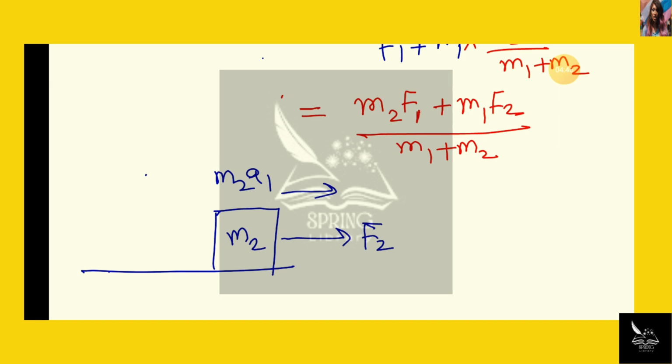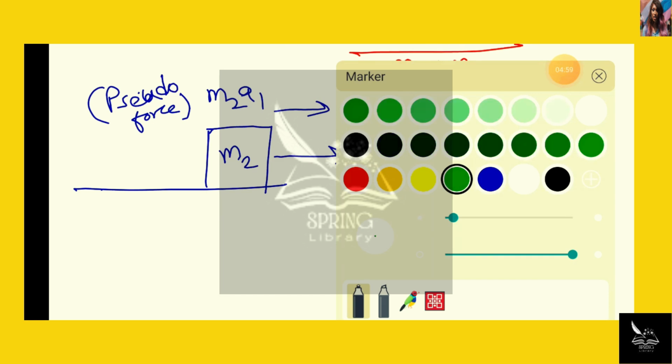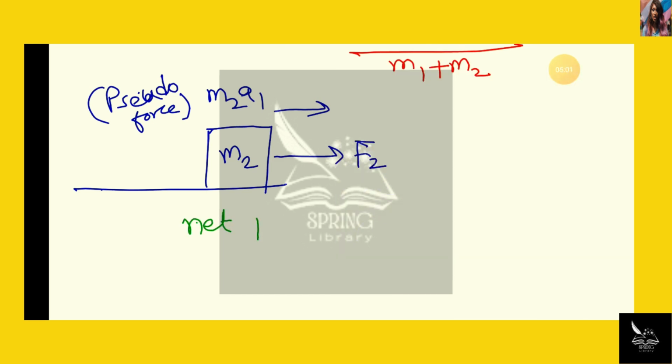So this is the pseudo force experienced by the second block due to force F1. Now the net force on the second block will be F2 plus m2 a1.